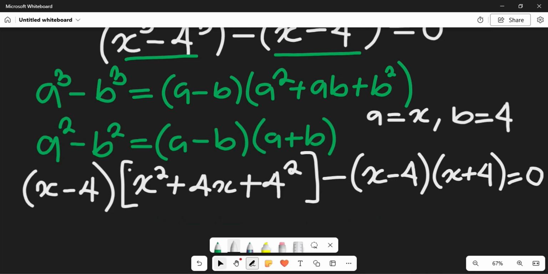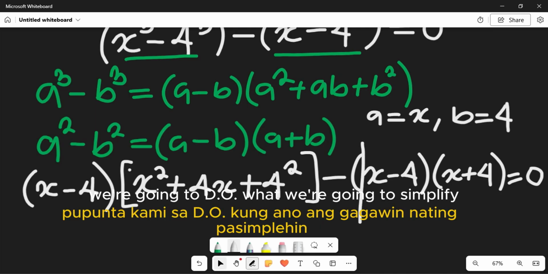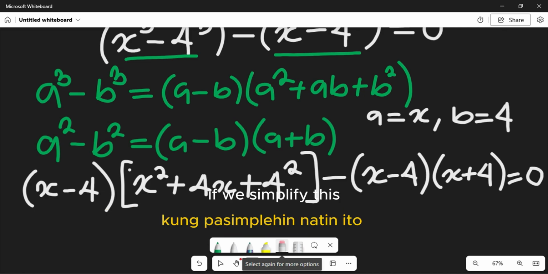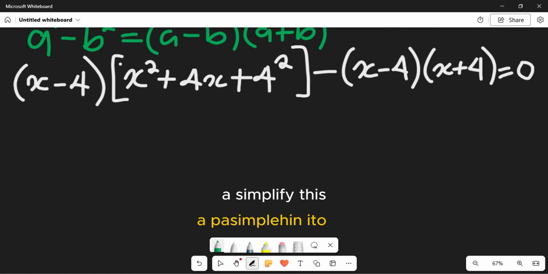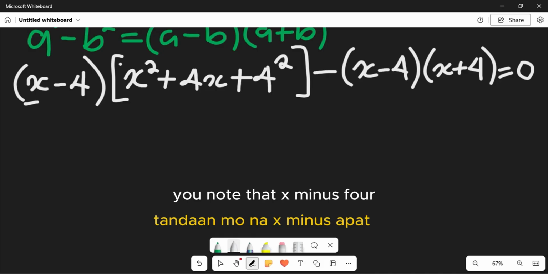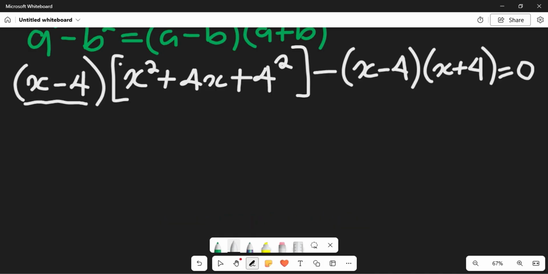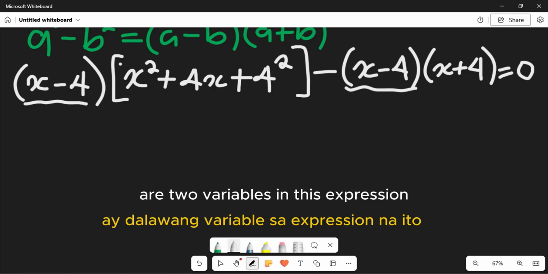Great. Now at this point, we're going to simplify. If we simplify this, you note that x minus 4 and x minus 4 are two factors in this expression.